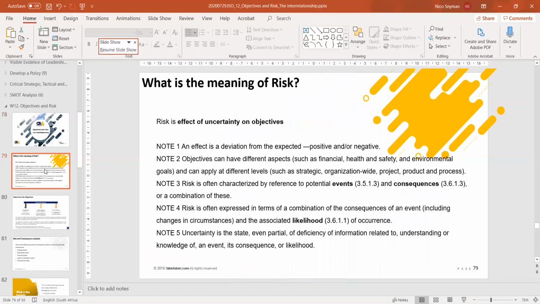Now, if you're looking at what is the meaning of risk in ISO 73, 73 is for me a fantastic document because it is actually giving you all the definitions that you need to know that is applicable on risk. So that gives you a vocabulary and a terminology basis that you can always go to and understand what is the meaning of a specific phrase that you are working with.